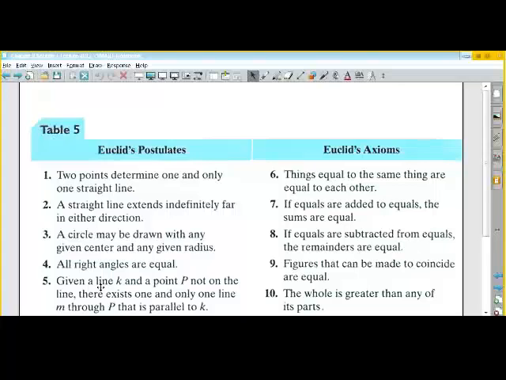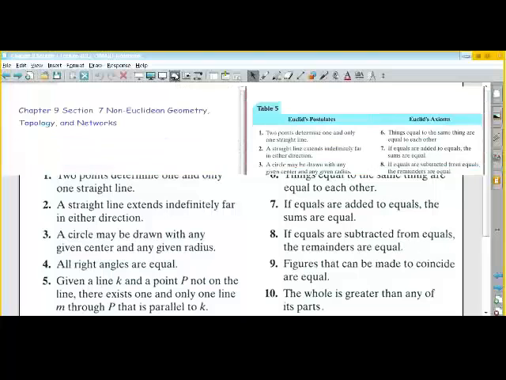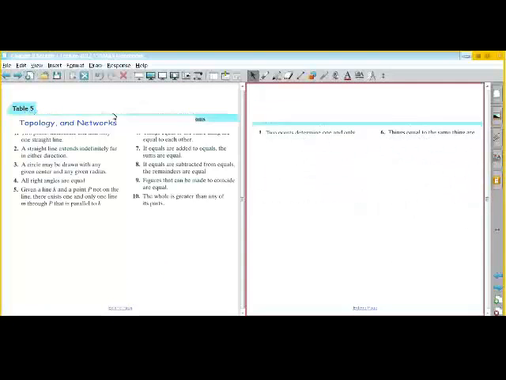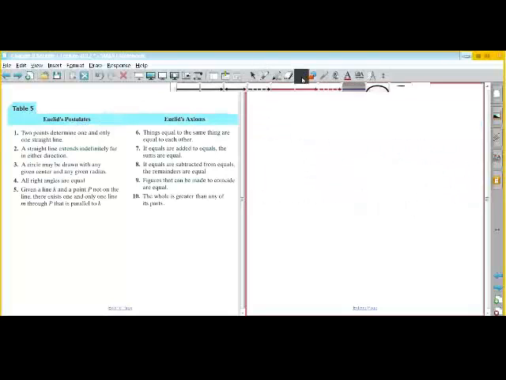And given a line K and a point P not on the line, there exists one and only one line M through P that is parallel to K. Let's see if we can figure out what they're talking about there. So here's my line.